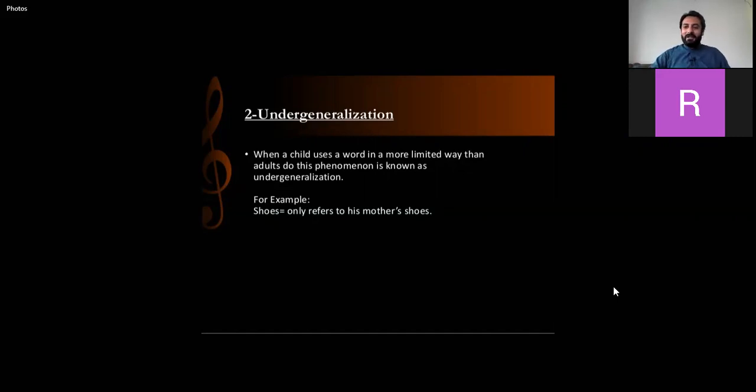He doesn't know that other shoes of his father, of his brother, of his sister are also called shoes. So these are basically the two notions, two ideas that are used and implied in first language acquisition.